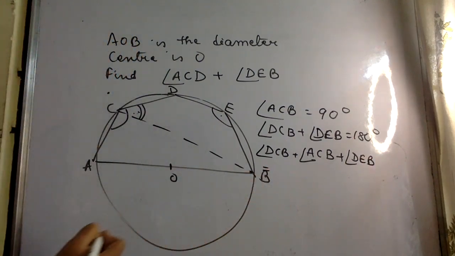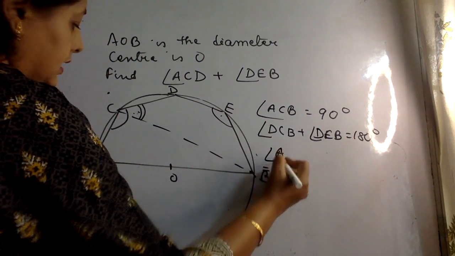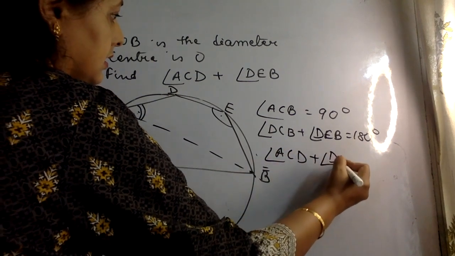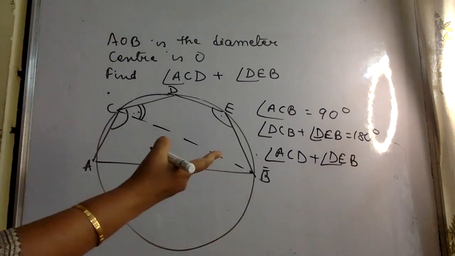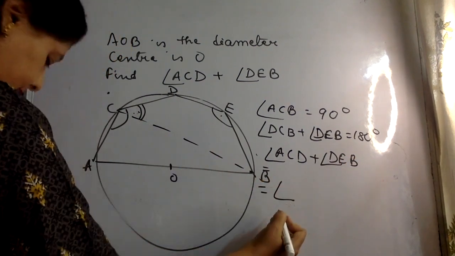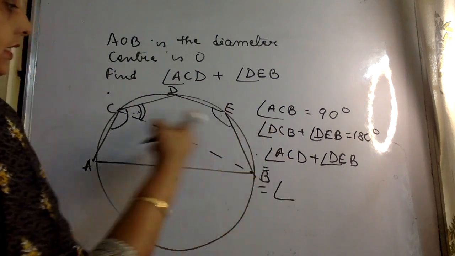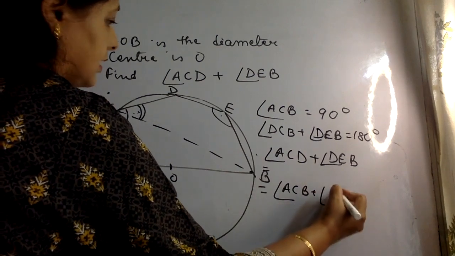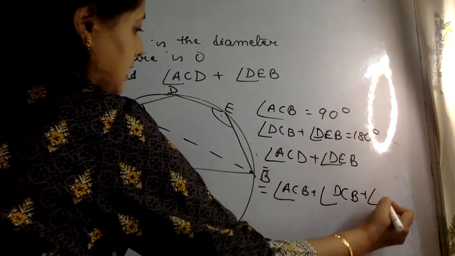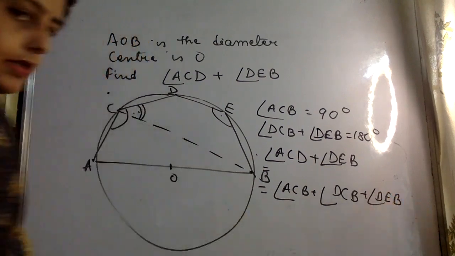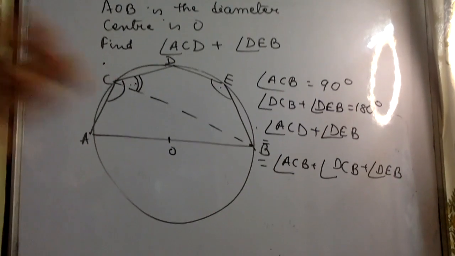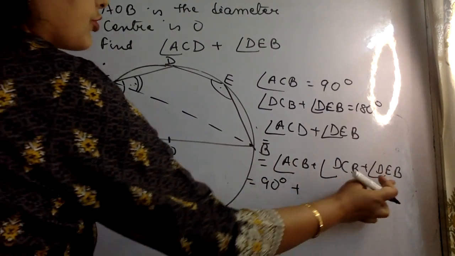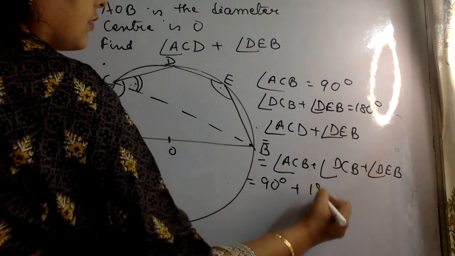Now how much is that equal to? Angle ACD plus angle DEB. ACD can be written as ACB plus angle DCB, plus angle DEB. So when we write this, angle ACB is 90 degrees, plus this portion DCB plus DEB is 180 degrees.